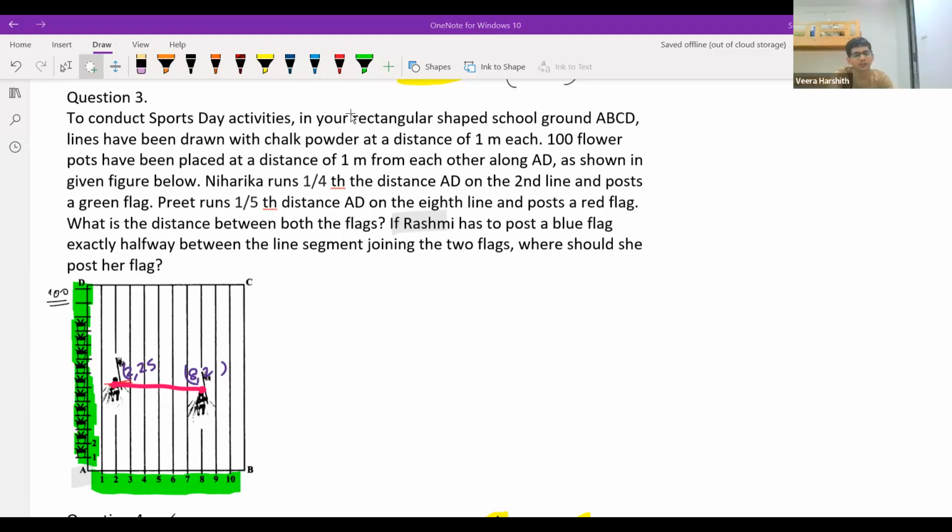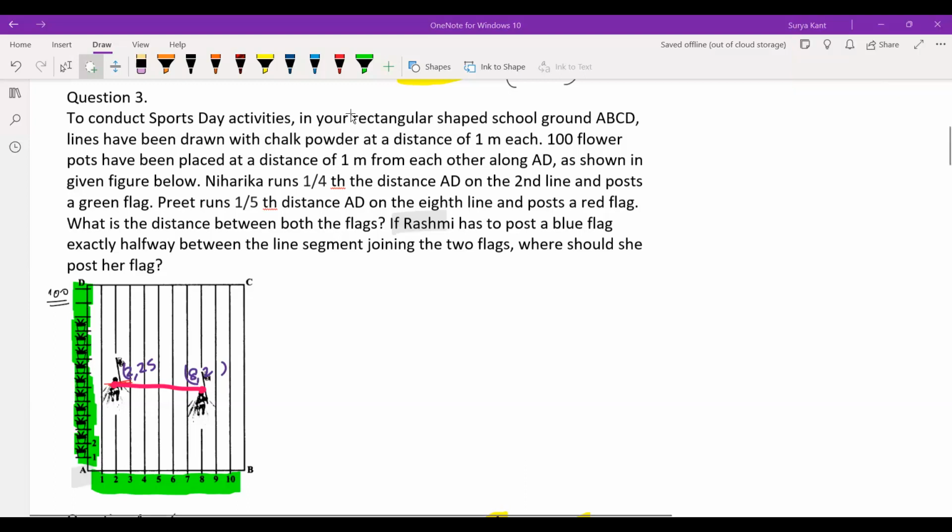So how do you get the coordinates in the picture? 2, 25 and 8, 2, right? Forget about this, I've written. You just find by yourself.